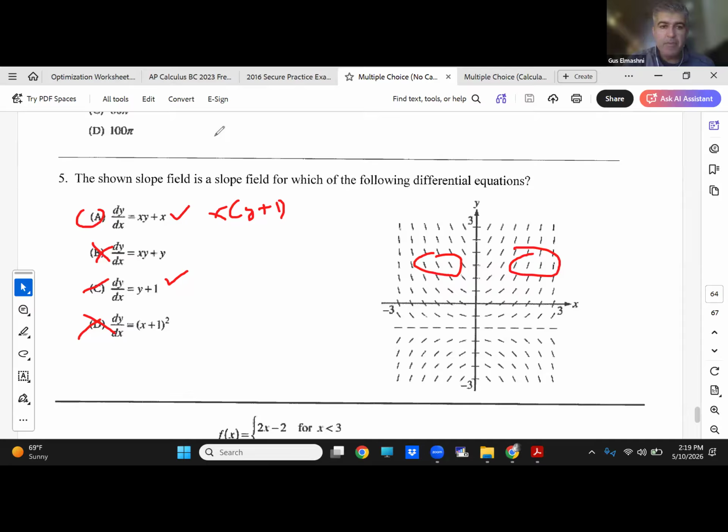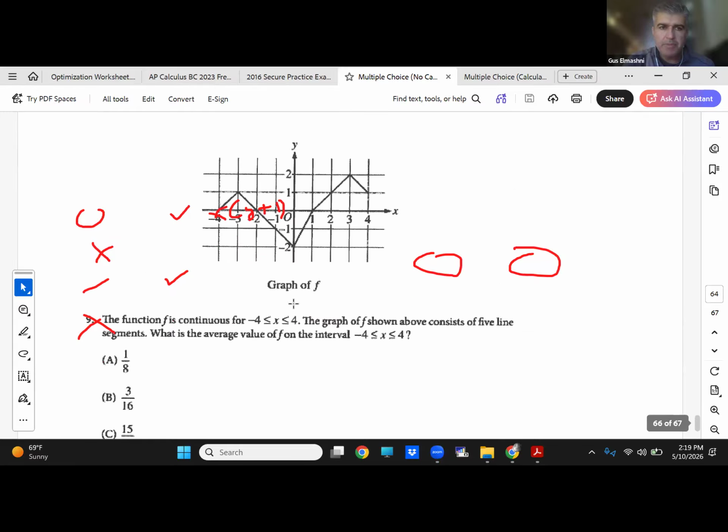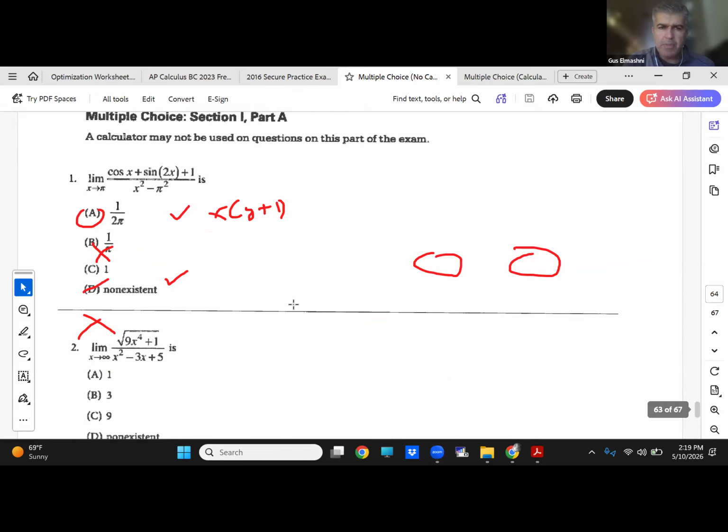Yep, good. Okay, so let's see if we can look into the slope field one. There might be one earlier in this packet here.